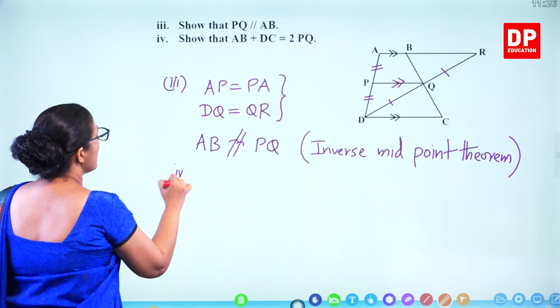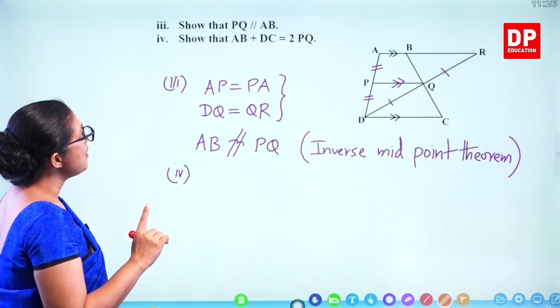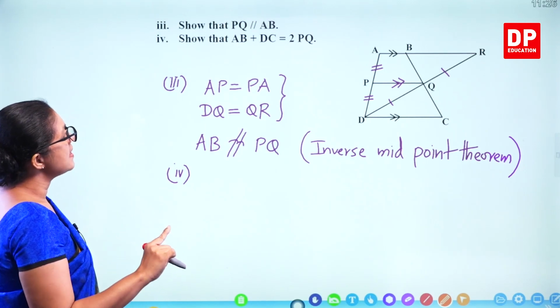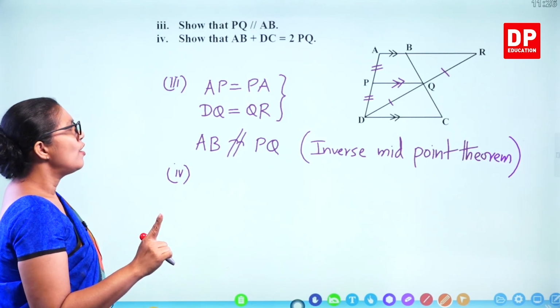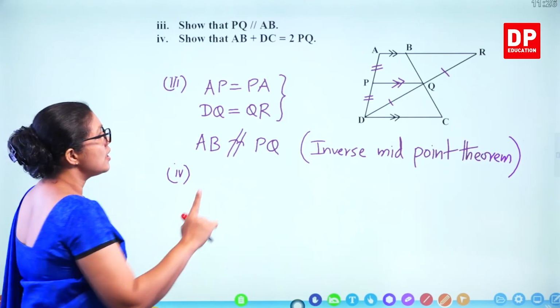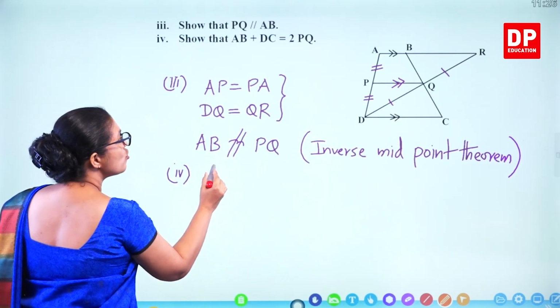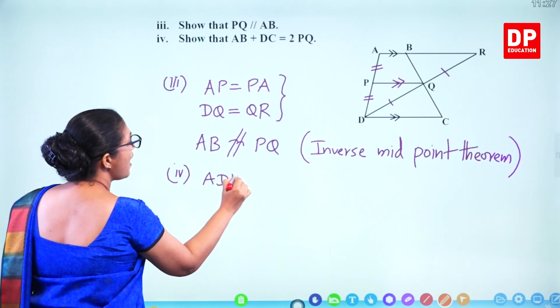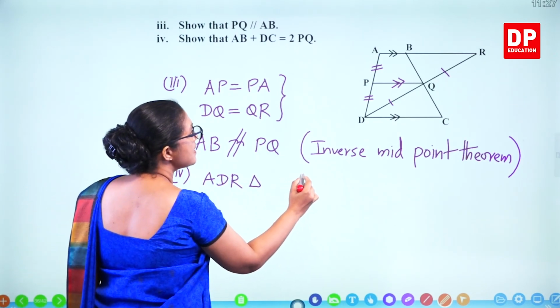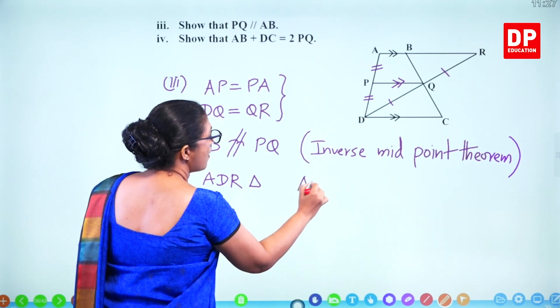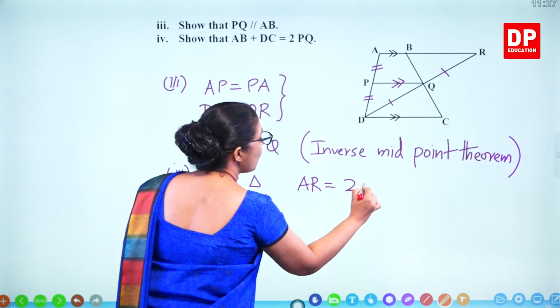Then 4th part, show that AB plus DC is equal to 2PQ. So what can you say about PQ length and AR? According to ADR triangle, we can say AR is double of PQ.